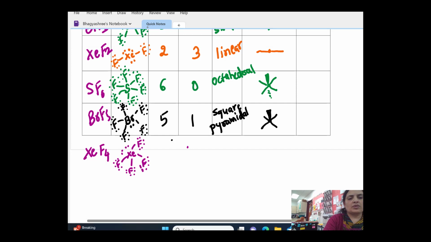Okay, so all the lone pairs on fluorine. So we have 4 atoms attached. We have 2 lone pairs.